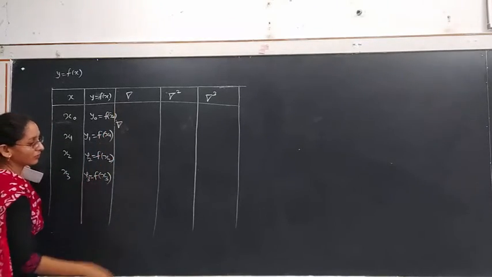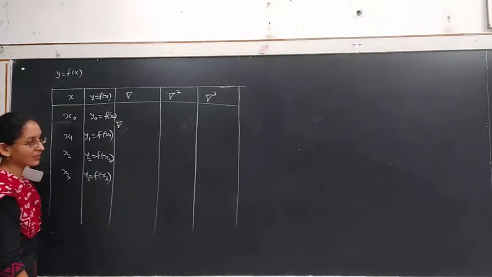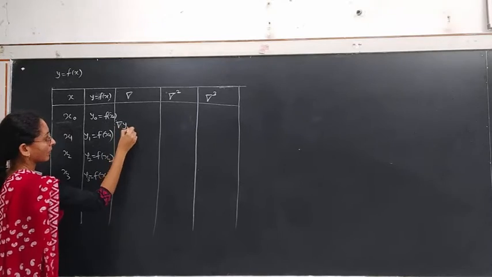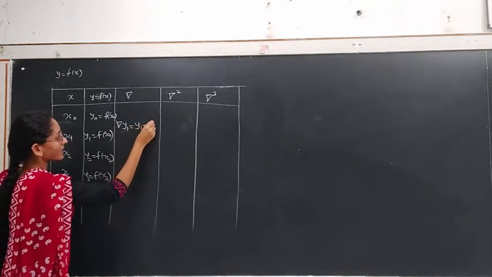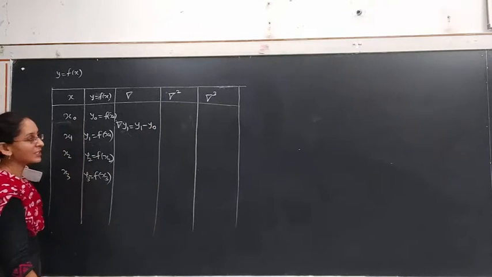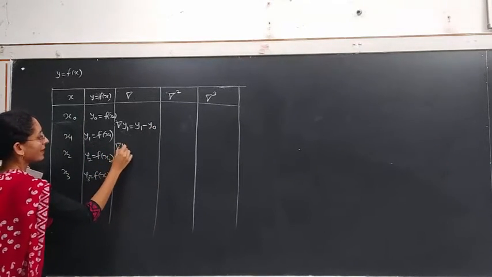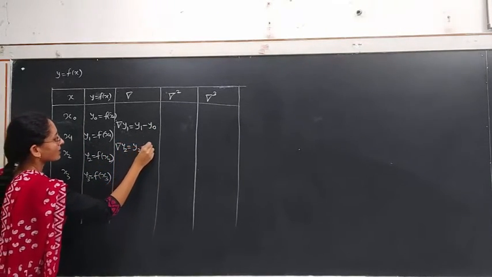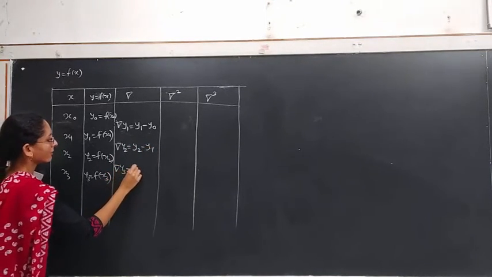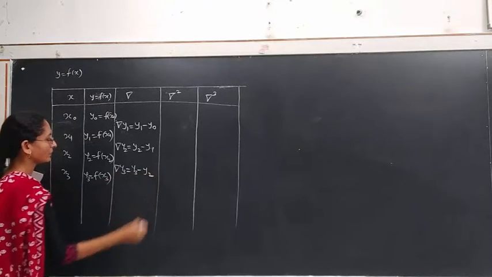In the column of first order backward difference, initially we get del y1 is equal to y1 minus y0. In the previous column, we know the values of y1 and y0. Del y2 is equal to y2 minus y1. Del y3 is equal to y3 minus y2.